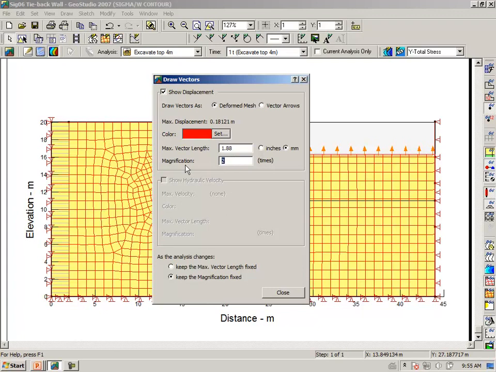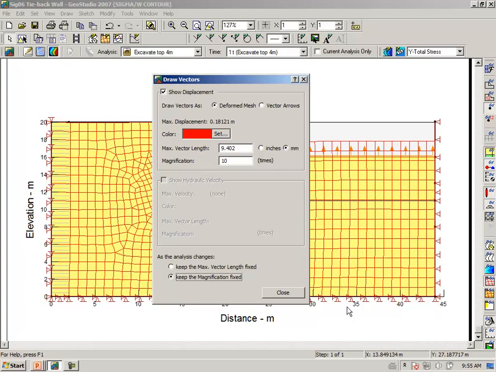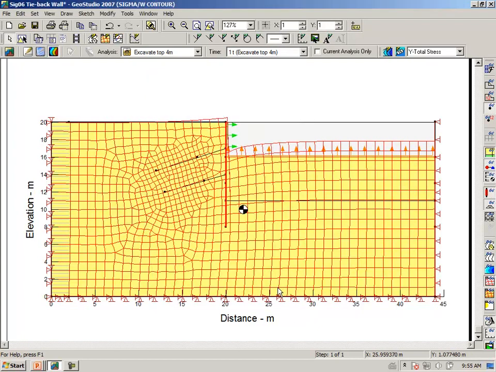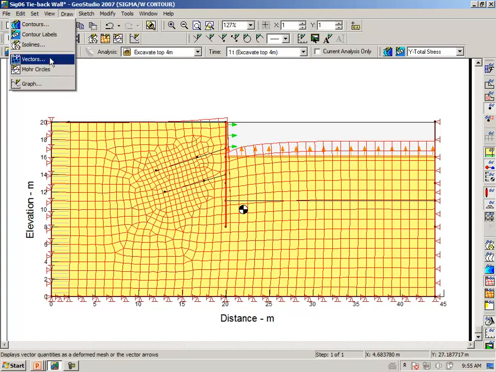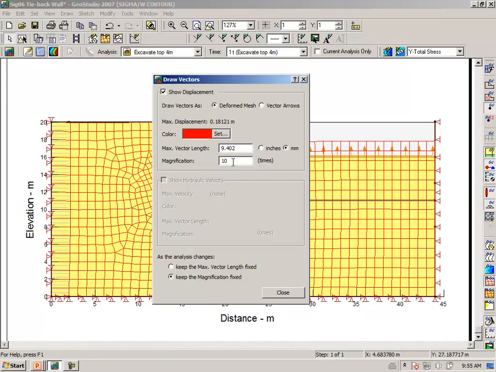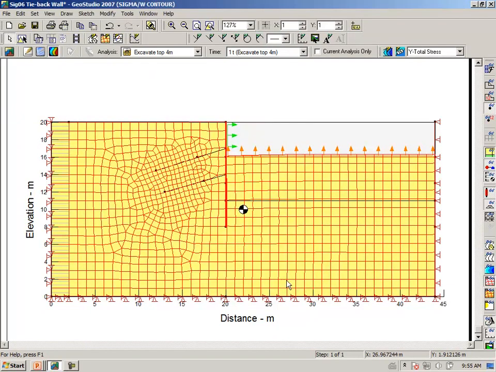In this particular case here, let's make this 2 for the time being, so we can see that everything is trending in the right direction. Going back to draw vectors, making the exaggeration or magnification back to 2. It'll become more meaningful when we have had more excavation in the construction process.